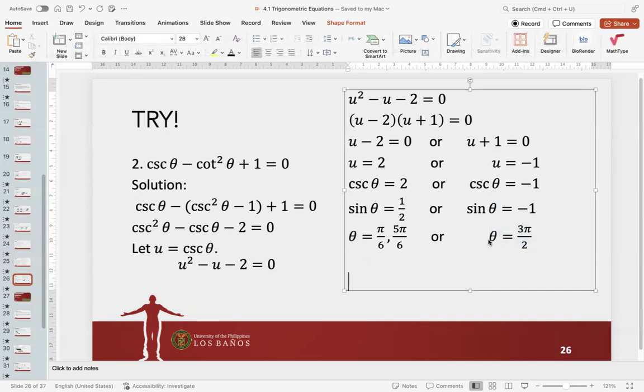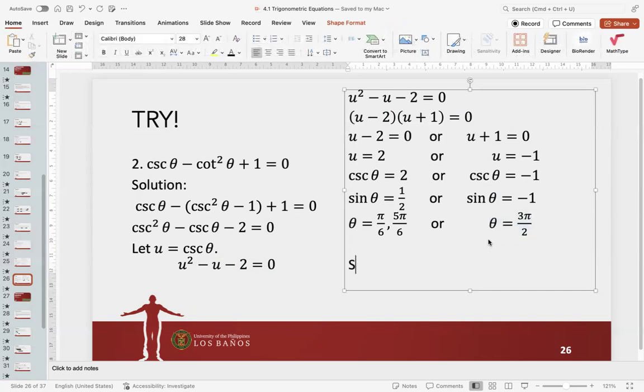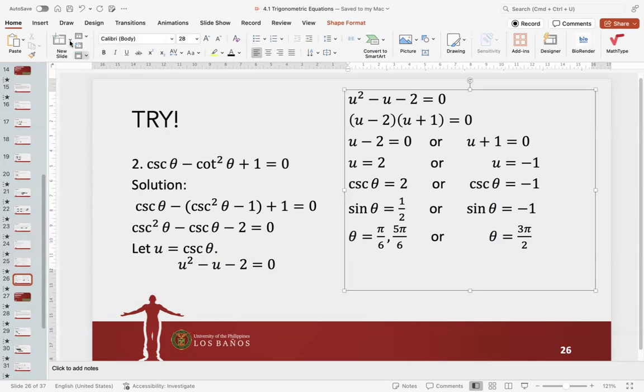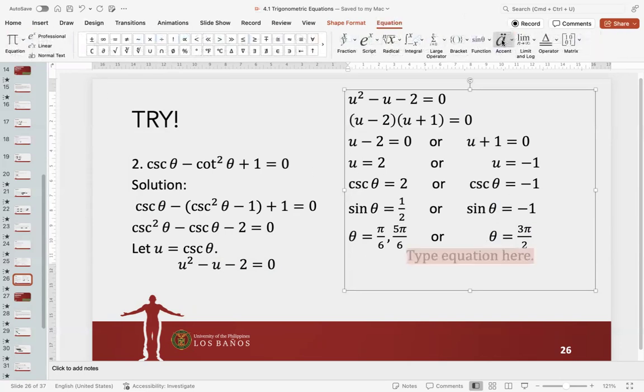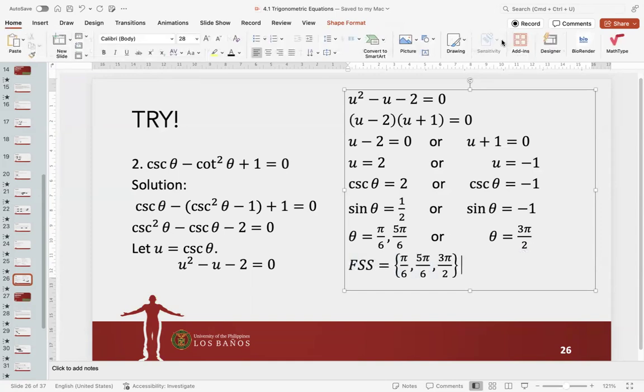All right? So that means our solution, or our FSS rather, would be the set containing pi over 6, 5 pi over 6 and 3 pi over 2. Okay.